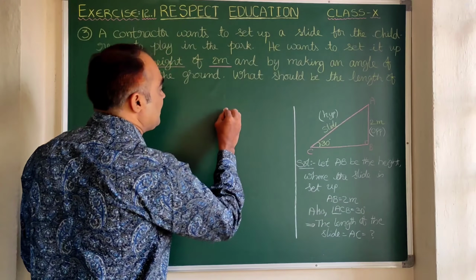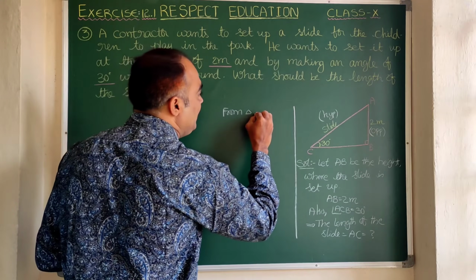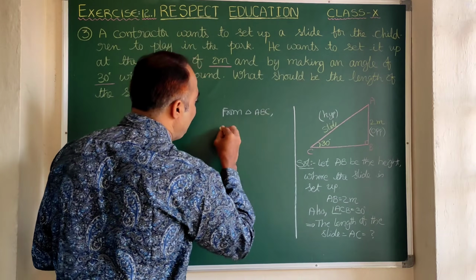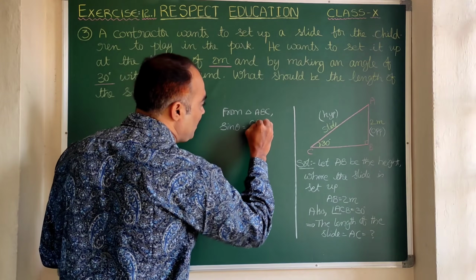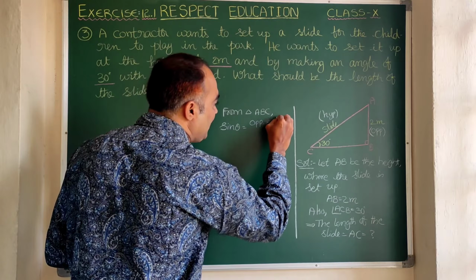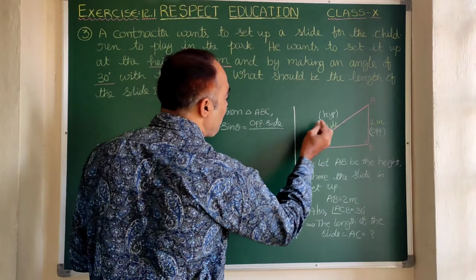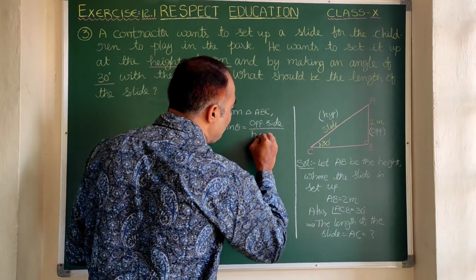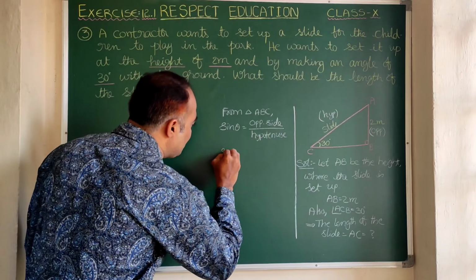So let us write, from triangle ABC, let us apply the formula of sin theta. Sin theta is equal to the opposite side to theta by hypotenuse. Now let us substitute the values.